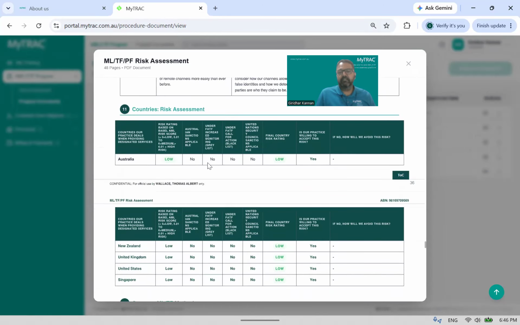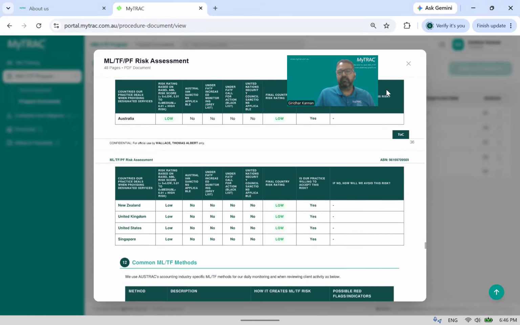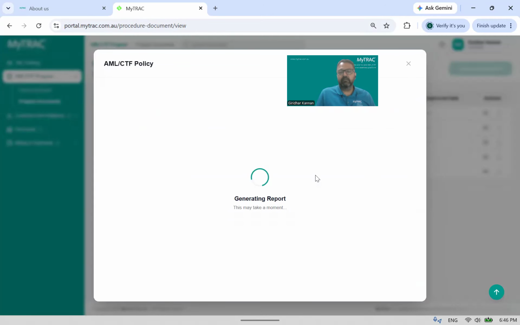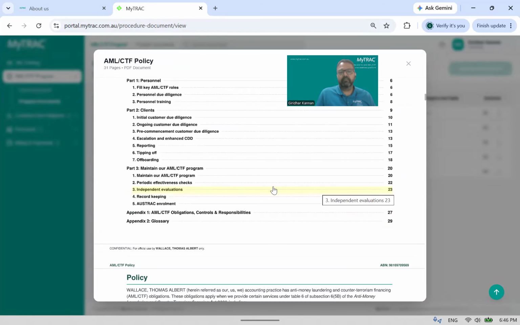So remember the countries that we added, Australia, New Zealand, UK, US, and all these items come in here directly. You also get to see your AML CTF policy documents that talk about what it is. So you have everything done for your AML CTF policy documents, and all those things are available.